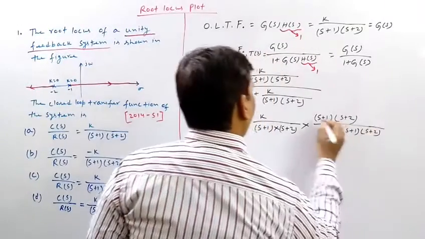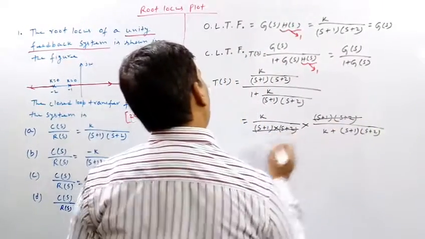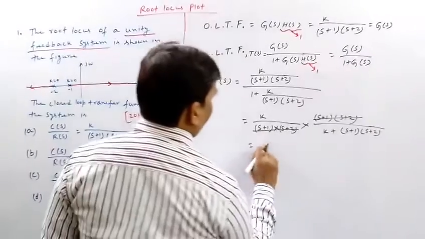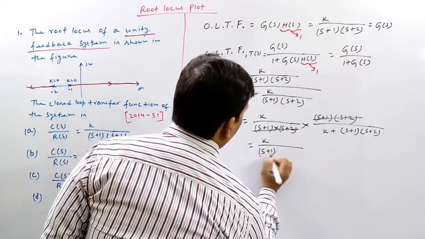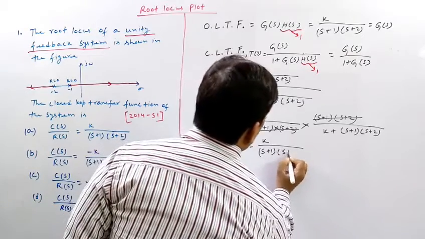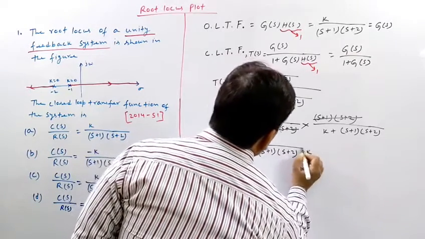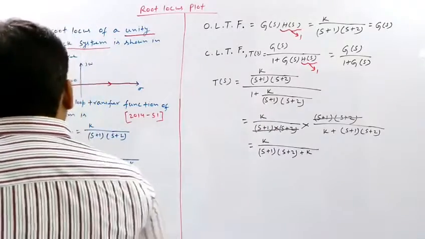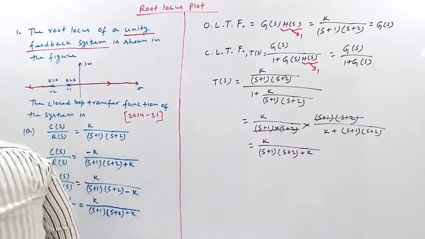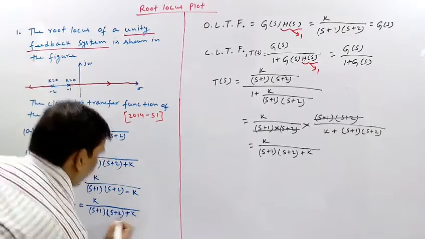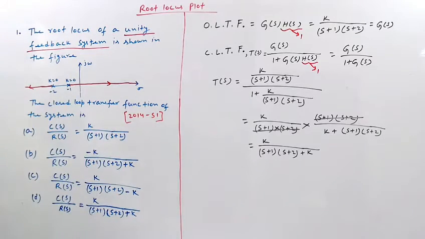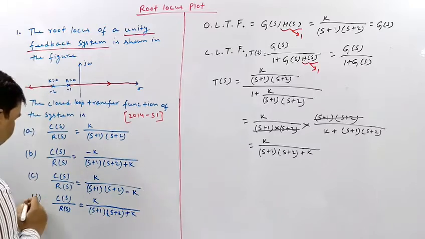Now these two terms, s plus 1 multiplied by s plus 2, will cancel each other. So the final value will be k divided by s plus 1 into s plus 2 plus 1. So which of the given options is correct? Option number D is the correct one. So this option is correct.